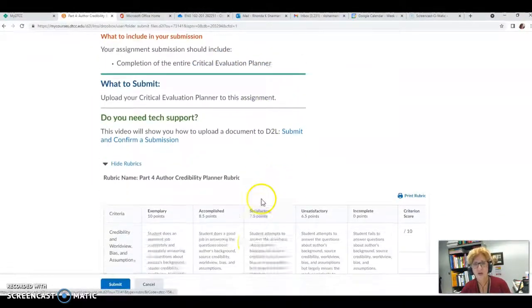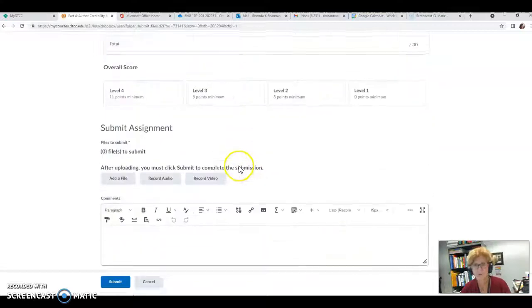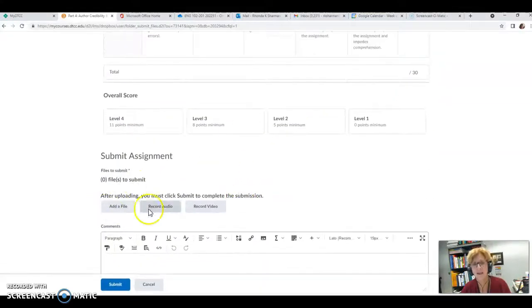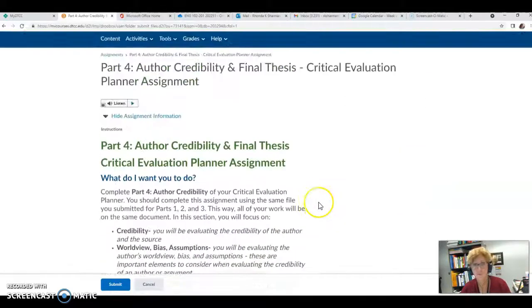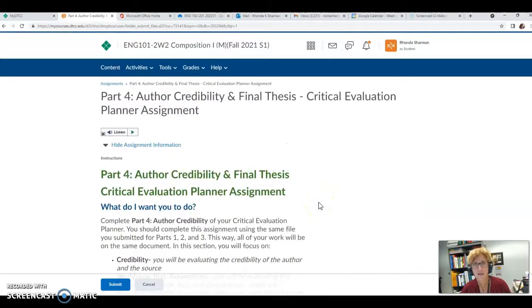And there you can see the rubric, that's for Part 4, and you can upload your file. If you submitted in Part 3, I'll see it there as well. But I don't want you to separate them. I really want it all to be one document at this point. That will be easier for you to use as you write your essay next week.